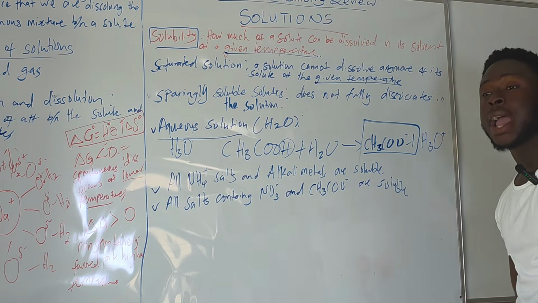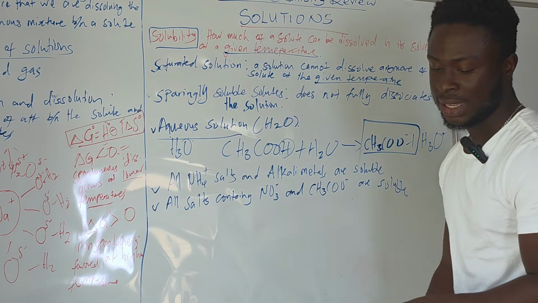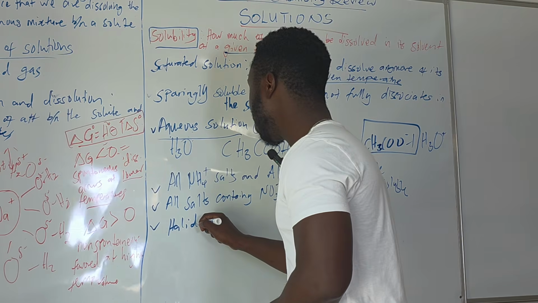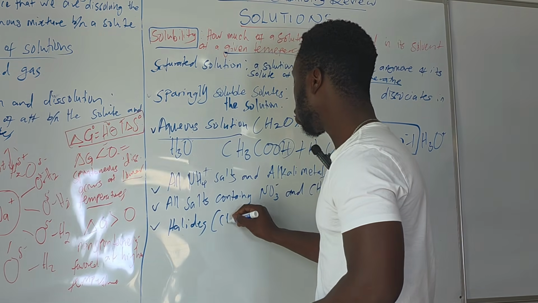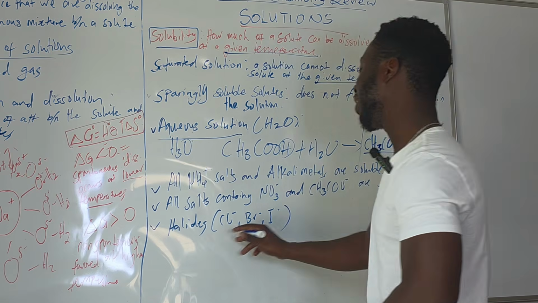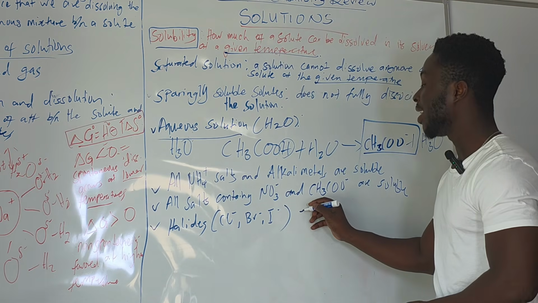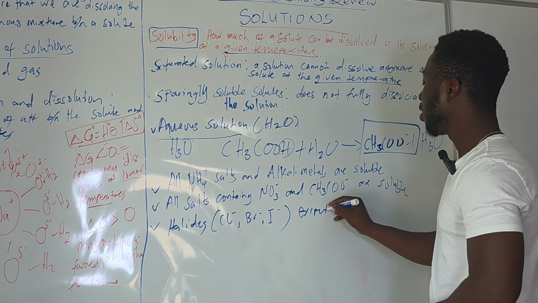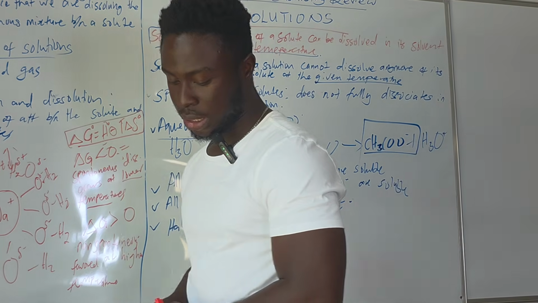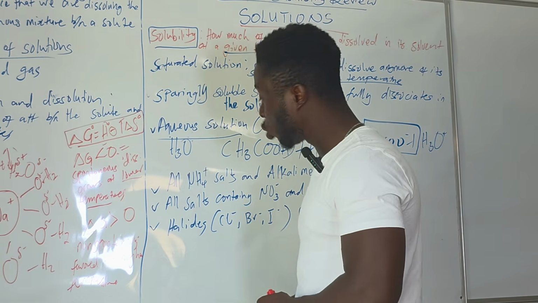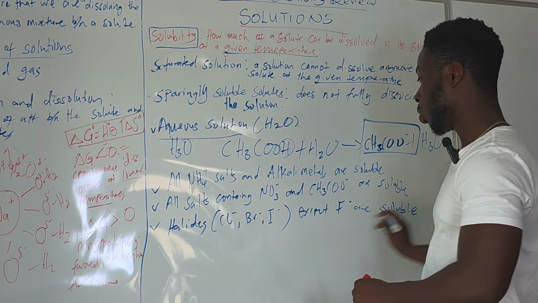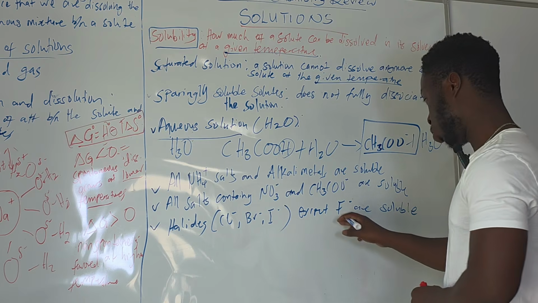But if you want to go ahead and memorize all the other ones, the next one that follows is the halides, that is the group 7 elements. The halides, which are chloride, bromide, iodide. You see how I didn't bring fluorine here? Except fluoride, right? They are also soluble. When you form the salt, all halides containing these are soluble.